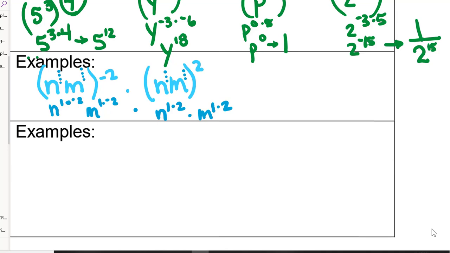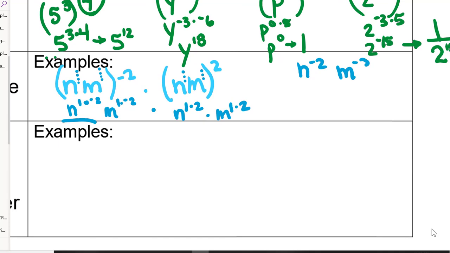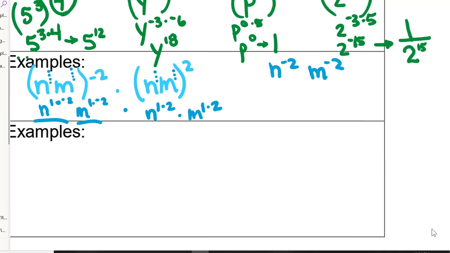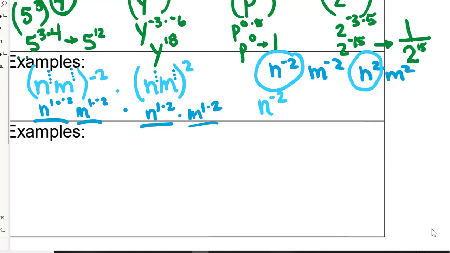Alright, so then I've got to go work over here. So n to the negative second from this part, m to the negative second from this part. From here, n to the second, m to the second, all of that's being multiplied. And then I can start combining right here. Those two have the same bases and it's all multiplying, so I would do n to the negative second times n to the second.